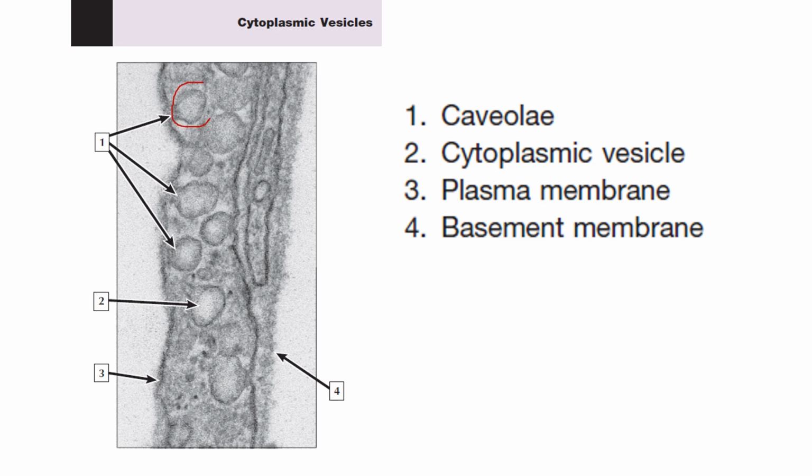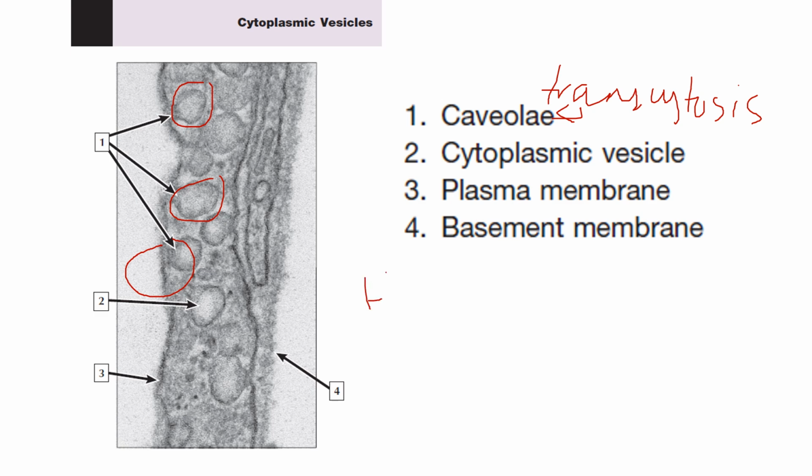Many caveolae, here all labeled as number 1, in endothelial cells mediate transcytosis, the process by which vesicles derived from caveolae are taken across a cell and release their contents at another surface. Other kinds of cytoplasmic vesicles, most derived from the Golgi complex, engage in exocytosis. Vesicles move to the cell surface, fuse with plasma membranes, and discharge contents to the cell exterior.